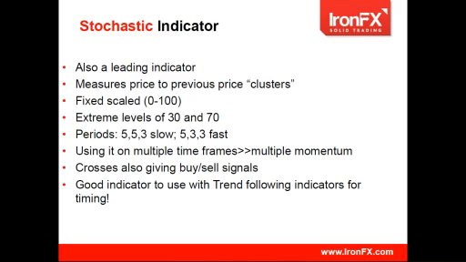It's a more statistical way. All right. It also has a fixed scale, a 0 to 100 scale. It also has extreme levels, 30 and 70. And there are some commonly used periods like the 5-5-3. This is called the slow stochastic, and the fast one is the 5-3-3 period.